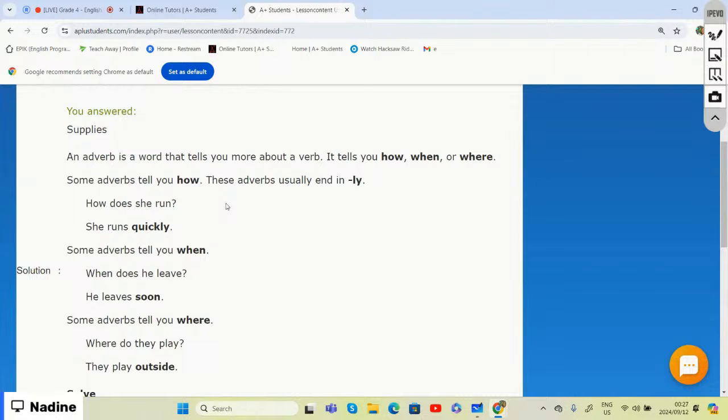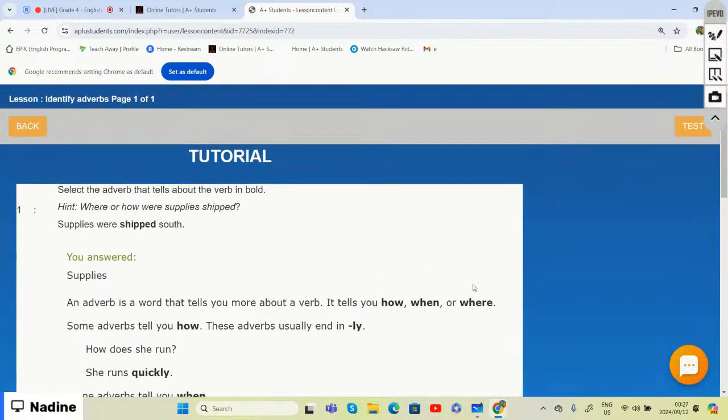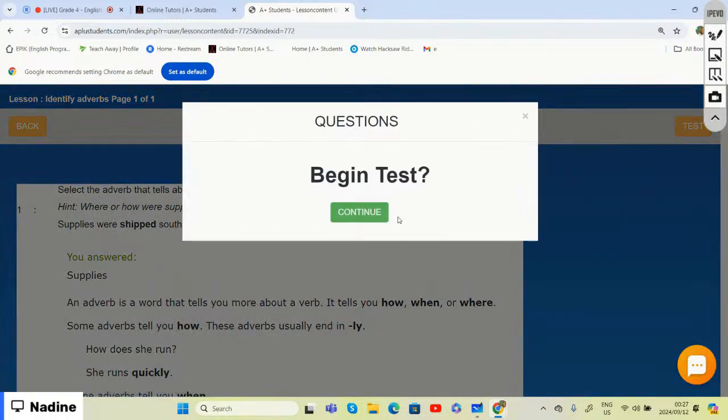And then some adverbs tell you where. Where do they play? Where is the action taking place? For example, outside. Right? All right, so now we're going to our test where we are going to identify adverbs.